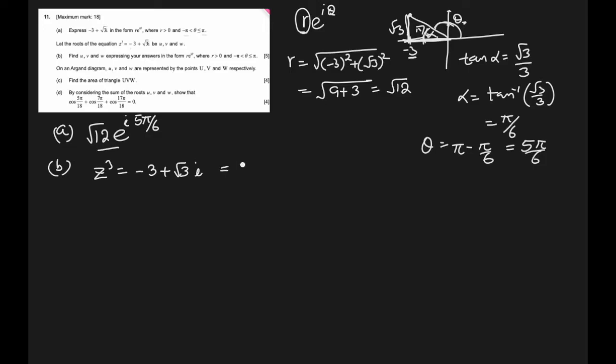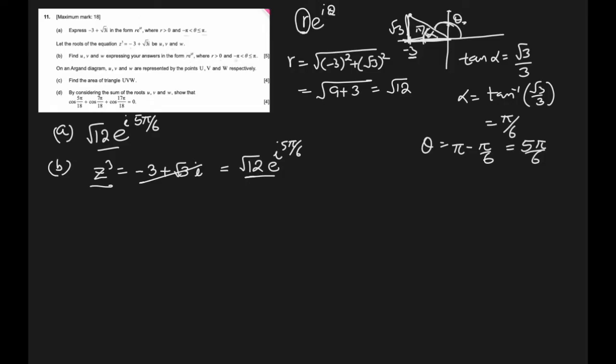We can write this as square root 12 e to the power i 5 pi over 6. Find u, v and w expressing your answer in the form of this. That means this is of no use. We will use just z cubed and this. r has to be greater than 0. Okay, it is a different r. The format is r e to the power i theta. This is not the same r, okay?